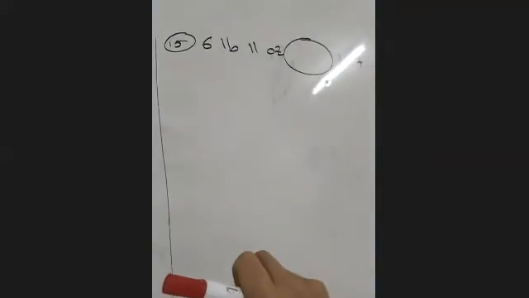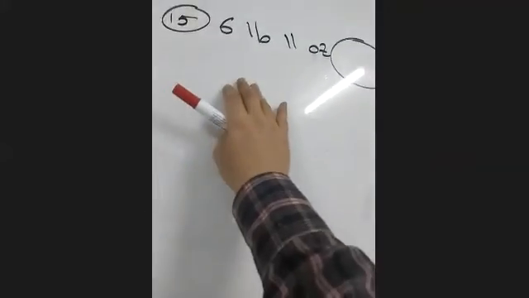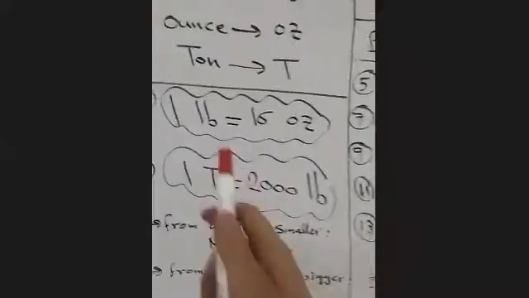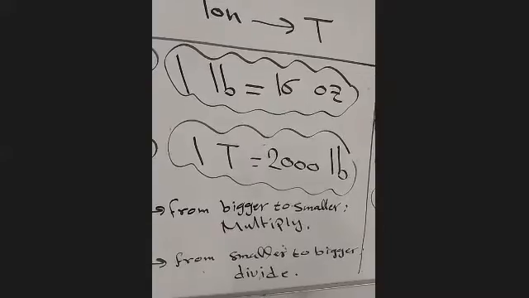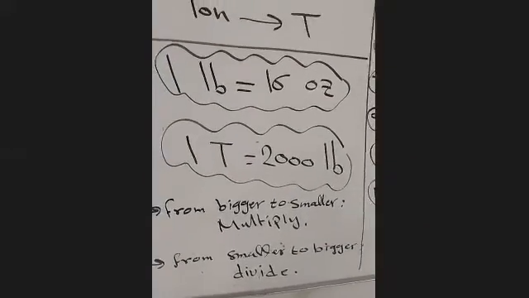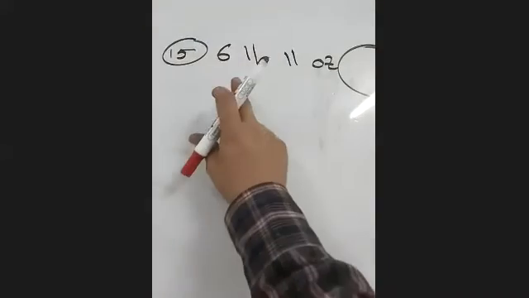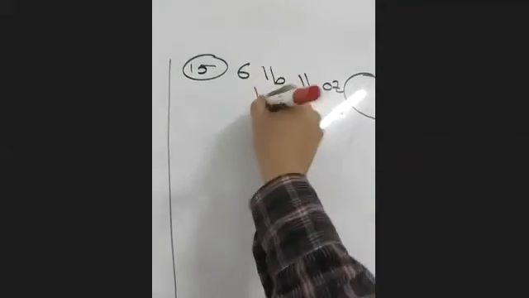Which one is bigger, the ounce or the pound? The pound is bigger. To make it easy for us, we always turn the bigger to smaller. So let's turn this into ounce. The pounds, how do we turn it to ounce?